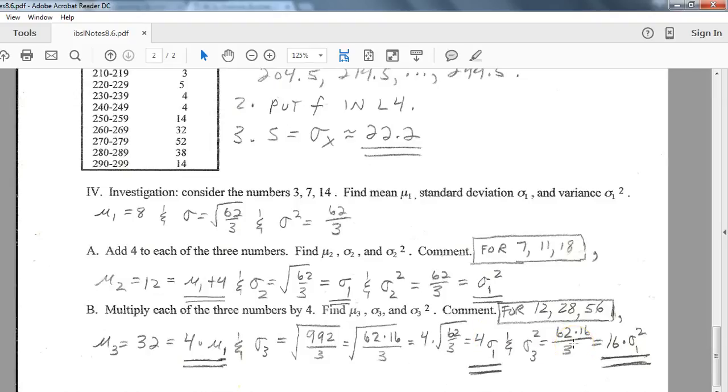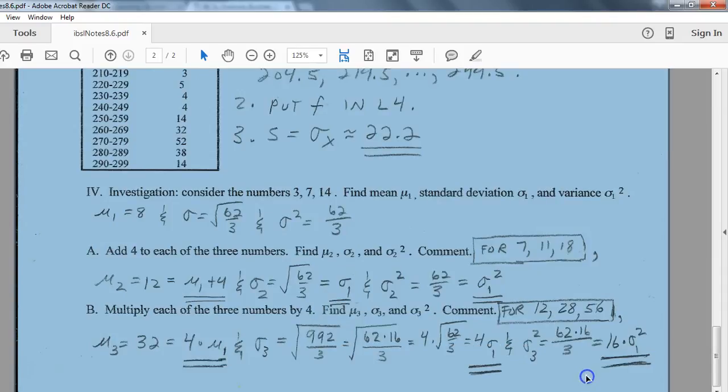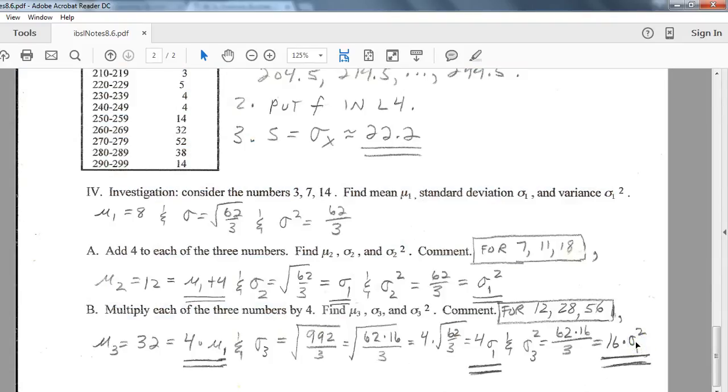So notice here was the original variance, and they're multiplying it times 16. Because they multiplied by 4, and because the variance is the standard deviation squared, I'm squaring the 4 times the original variance.